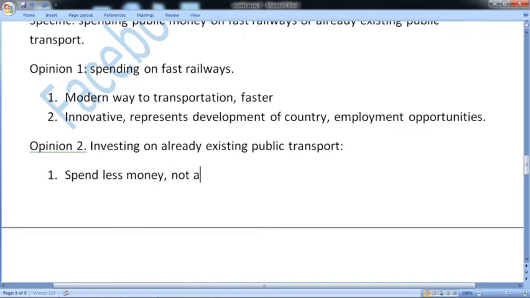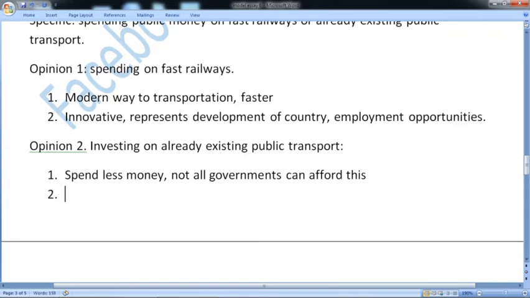Not all governments can afford this. Number two, this is cheaper way to travel and consequently will boost economy.